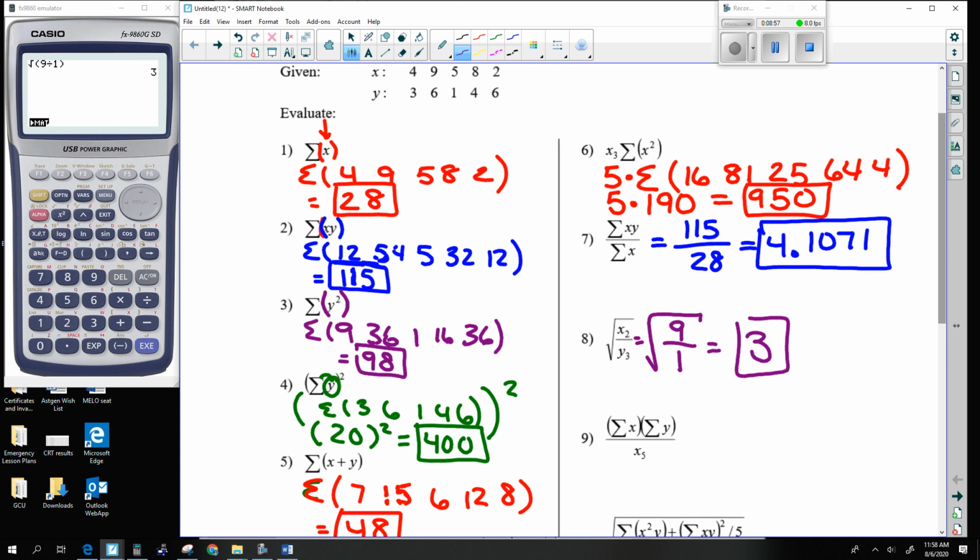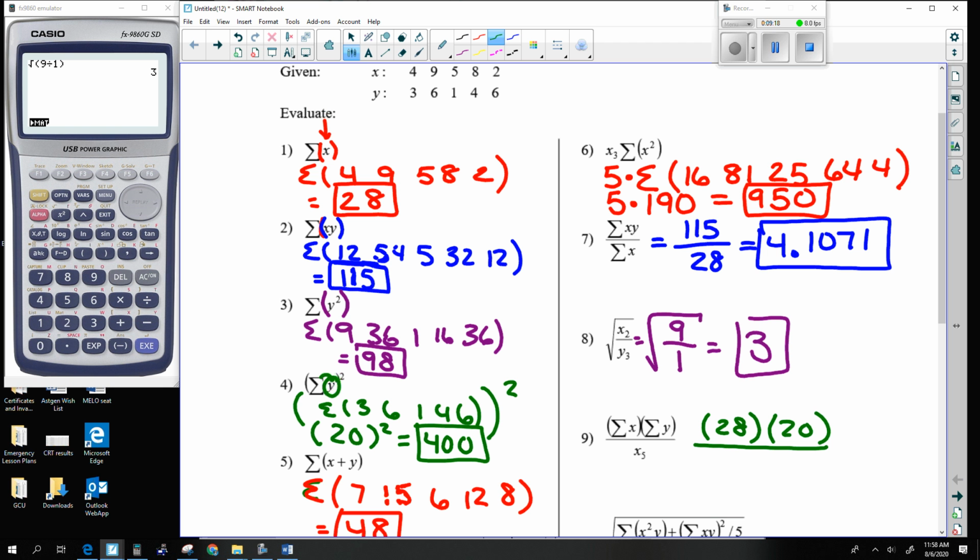Okay, the summation of x, this is number 9. The summation of x is 28, again, if I did that correctly. Summation of y, if I had done number 4 correctly, is 20. And the denominator is x sub 5.